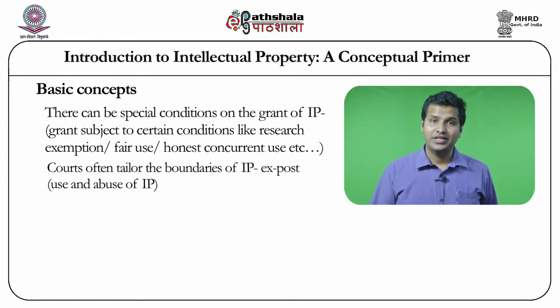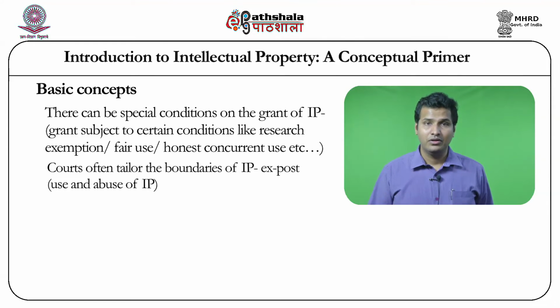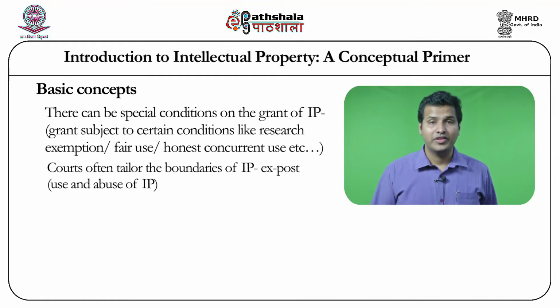It can be negotiated and renegotiated in litigation, and sometimes external laws like competition law can actually determine to some extent the type of use or whether it amounts to abuse of monopoly. So in some sense there can be laws that require you to limit your monopoly. That is very unique to intellectual property law, in the sense that application of external laws can also influence the amount of monopoly or market power that you can hold.